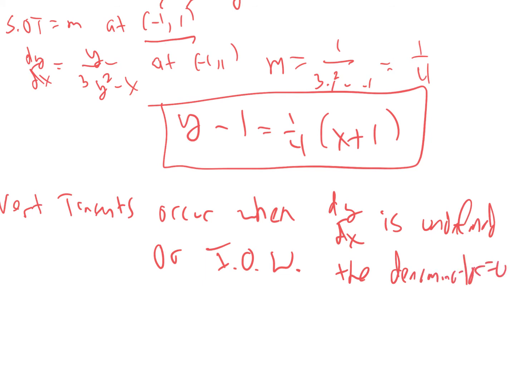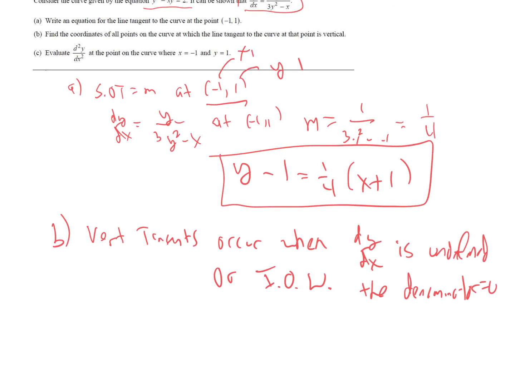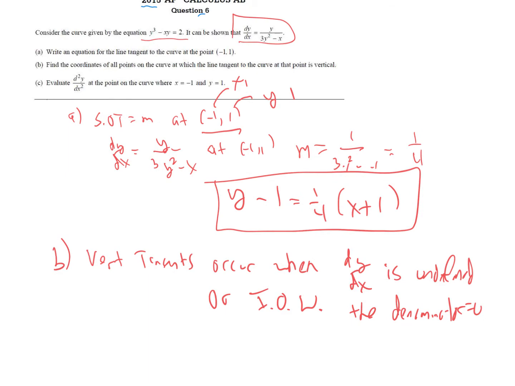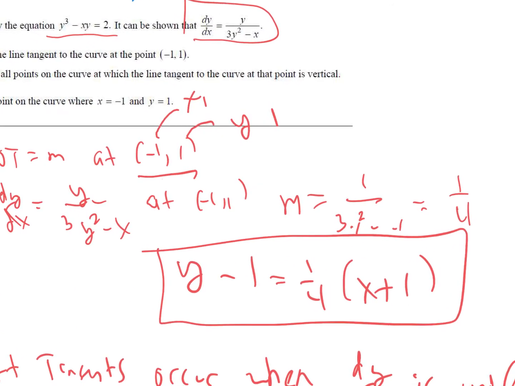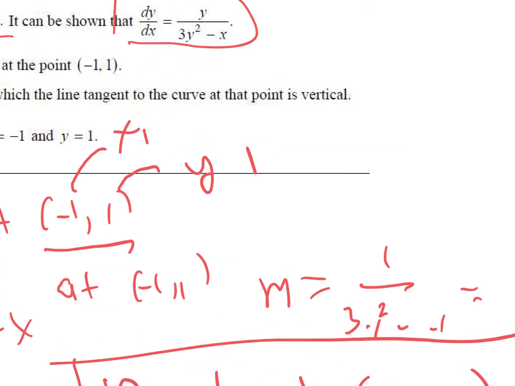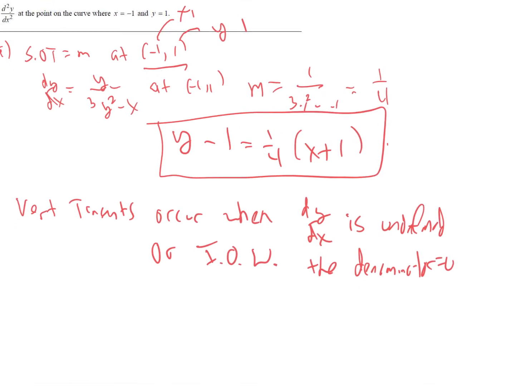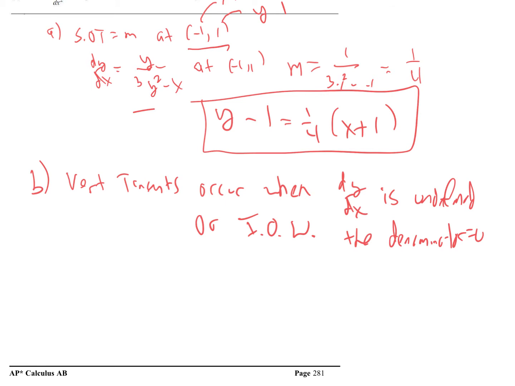equals 0. So I go back up to my derivative, and where did I write it at? I didn't, I circled it. It is y over 3y squared minus x. Oh, I have it right there too. So I'm going to go 3y squared minus x has to be equal to 0.